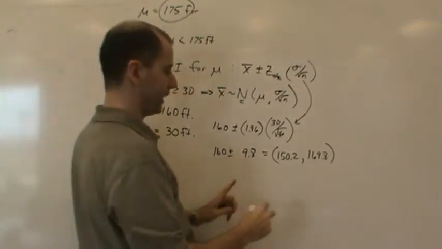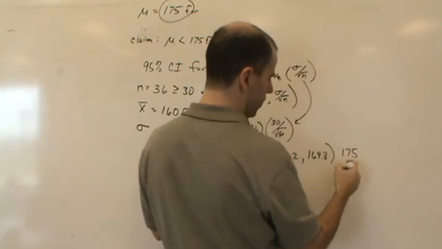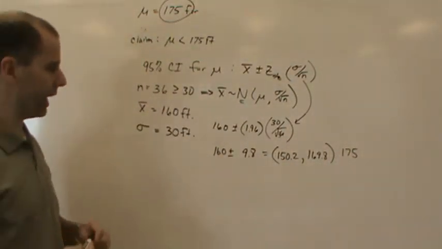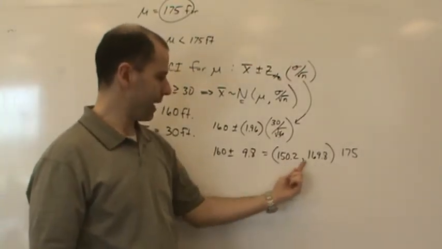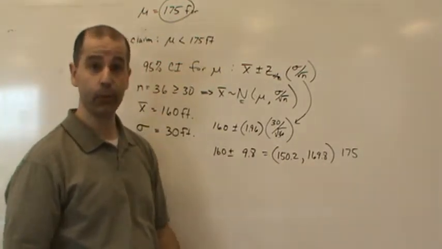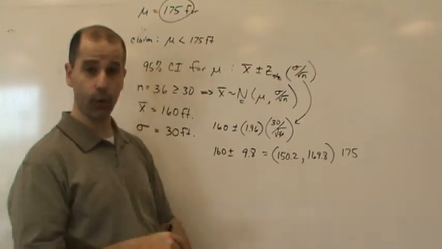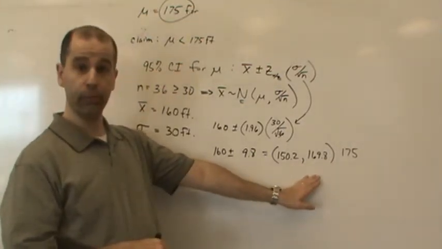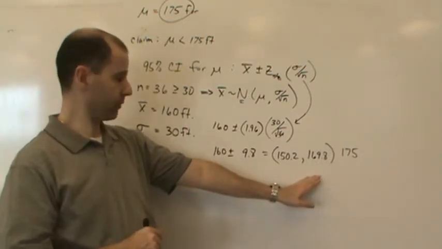In fact, the 175 falls above the confidence interval. So, looking at the confidence interval, we would conclude that, based on the sample data, 175 is not even a candidate for the true population mean braking distance.